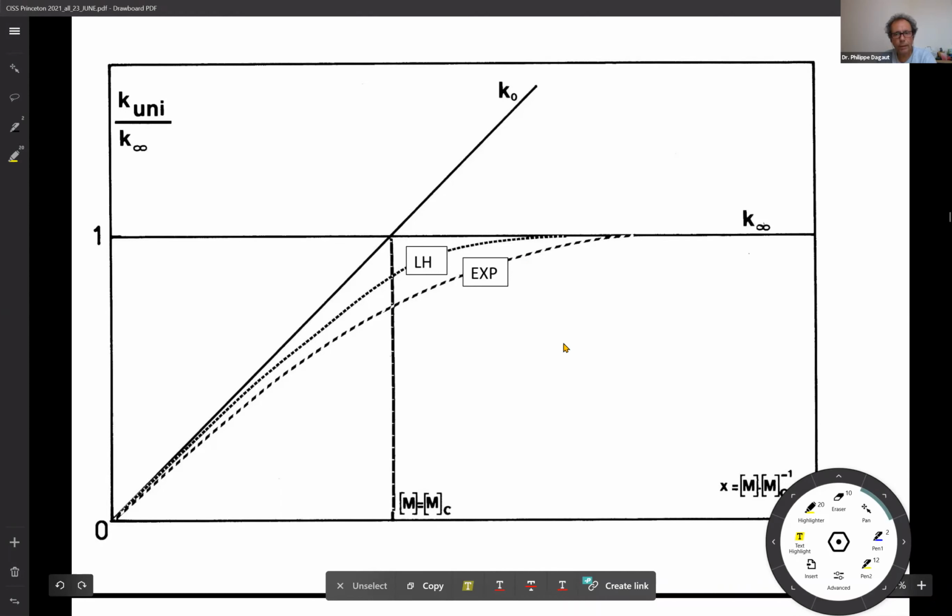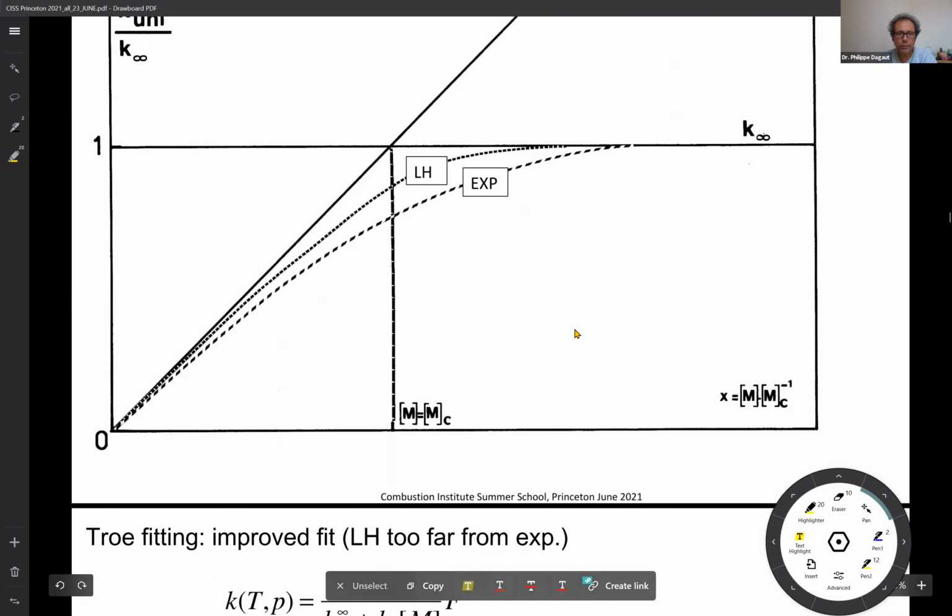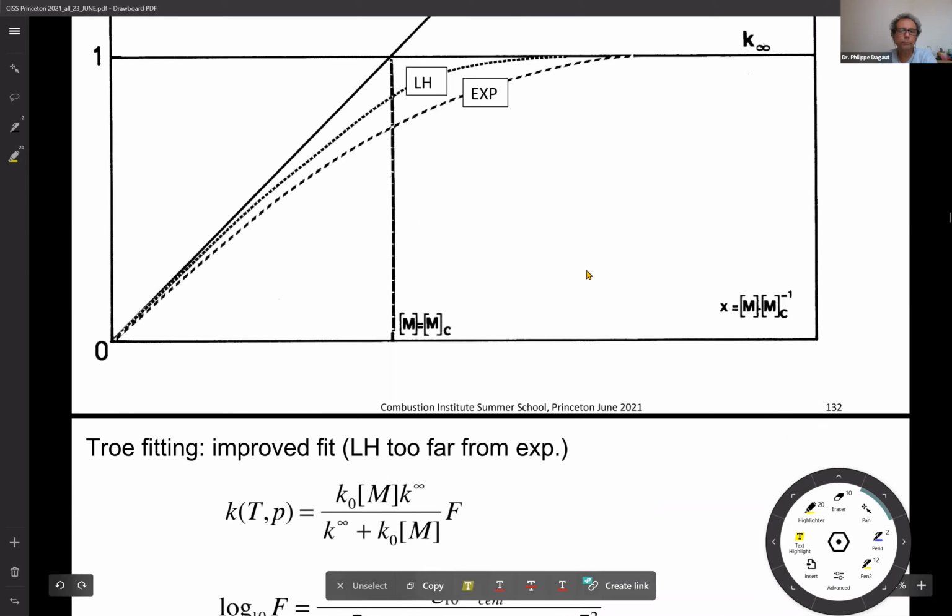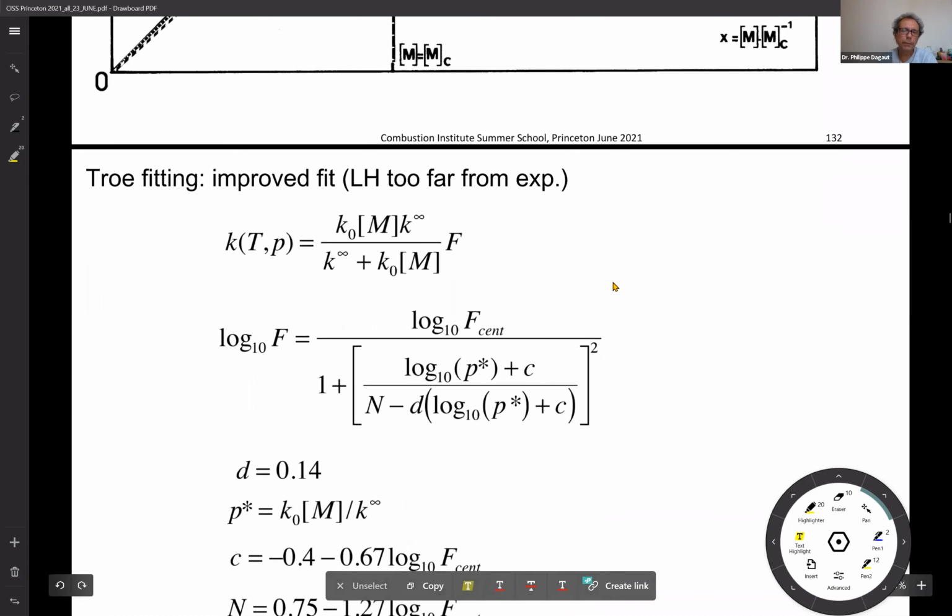Therefore, Troe proposed a more sophisticated description of this behavior by introducing several parameters which are described on this slide.